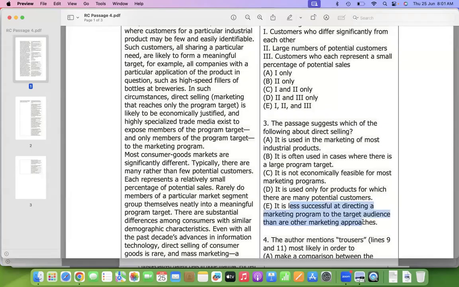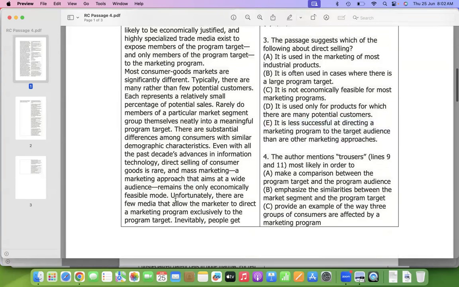I wasn't very sure, but if you scroll, there is a mention of "unfortunately only few media that allows this." That's the conclusion sentence of the passage. That's got nothing to do with direct selling. If there are few media that allow direct selling exclusively to the particular target, that's not the fault of direct selling.